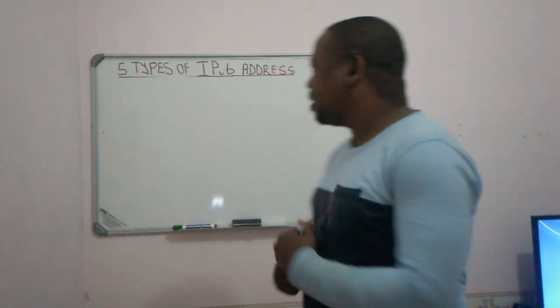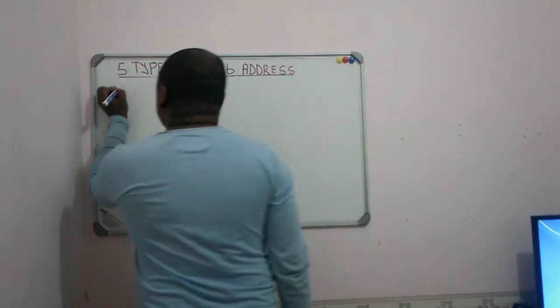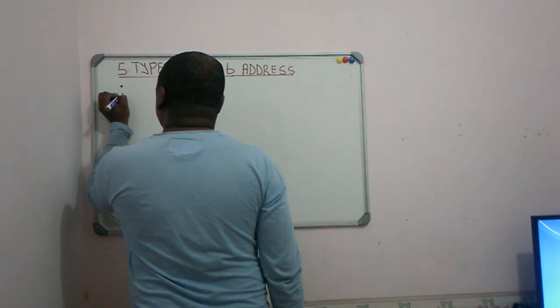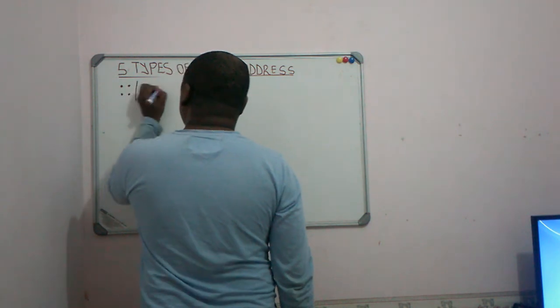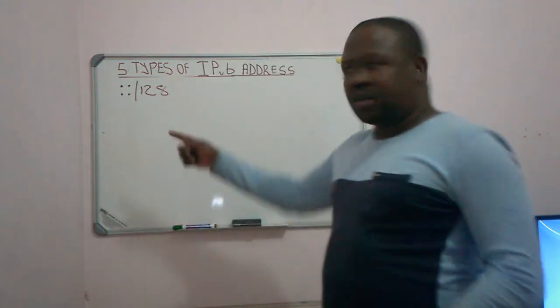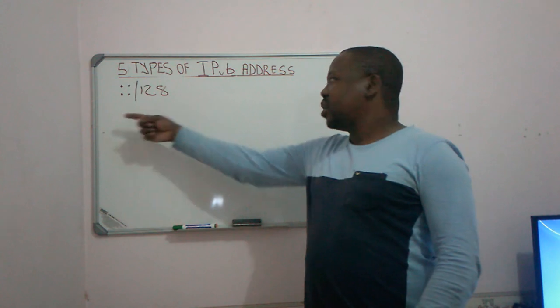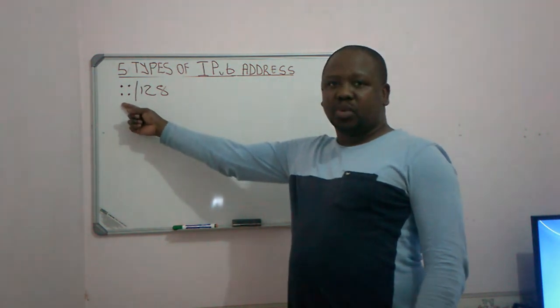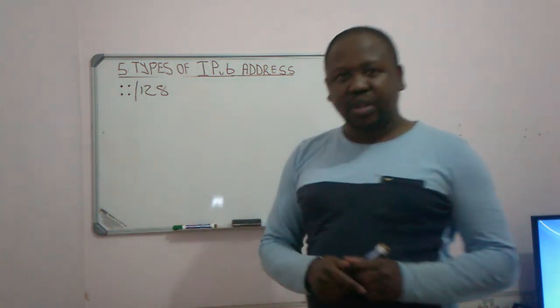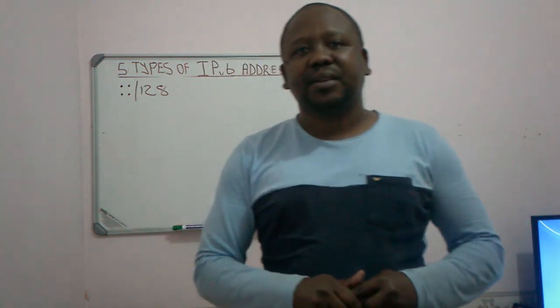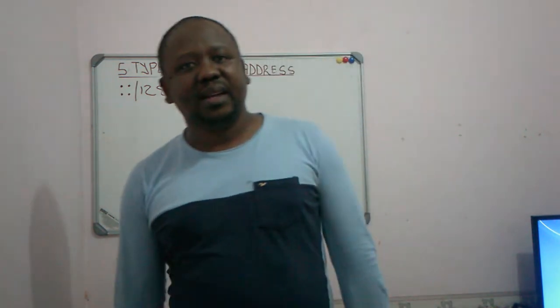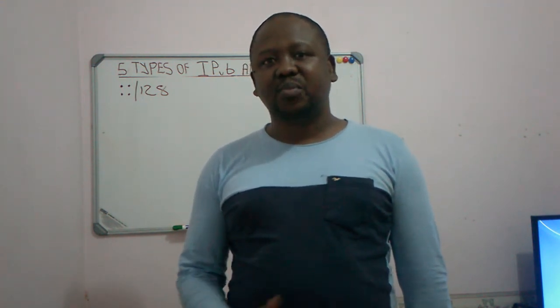The unspecified address is represented by ::/128, meaning we have 8 groups of zeros. So it will send 8 groups of zeros to a DHCP server requesting an IPv6 address. The DHCP server will get the message and reply with an IP address.